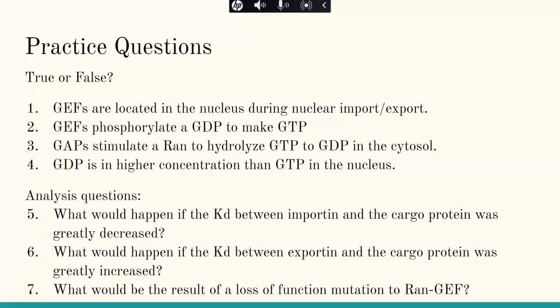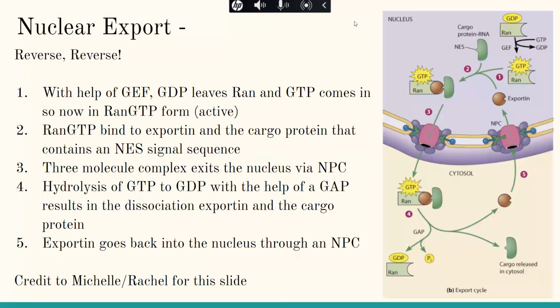Okay. And then number 7: what would be the result of a loss of function mutation to RAN-GEF? So RAN-GEF doesn't do its job. GEF wouldn't be able to cause that conformational shift to make the binding pocket available for GTP. So then the cargo wouldn't be able to be released, I guess. Yeah, so you're right.